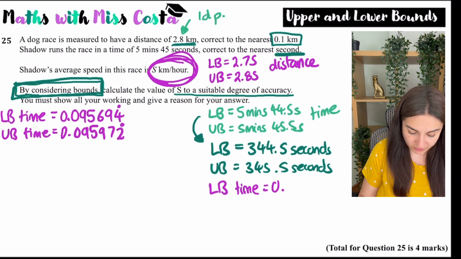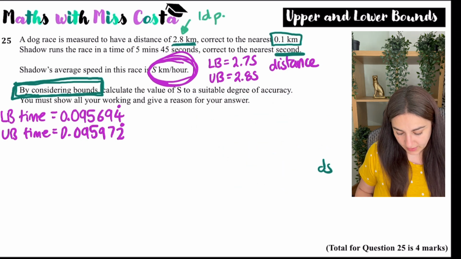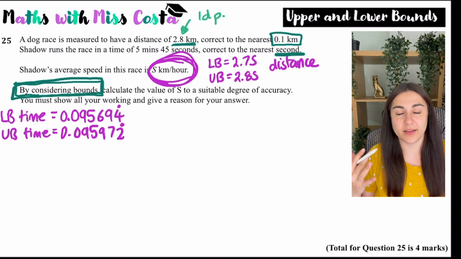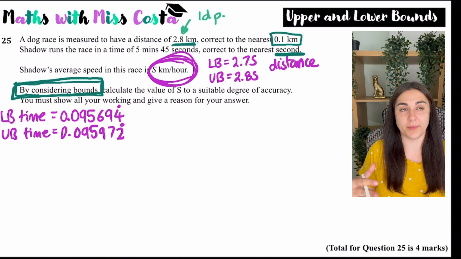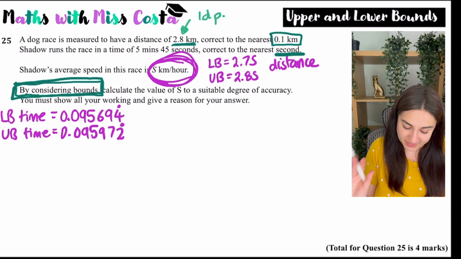Okay, so that is my time in hours. Whenever I'm dealing with speed, generally you're going to have to deal with your time as a unit of an hour. Normally it's minutes to hours, but now it's minutes and seconds to hours, but that's still fine.